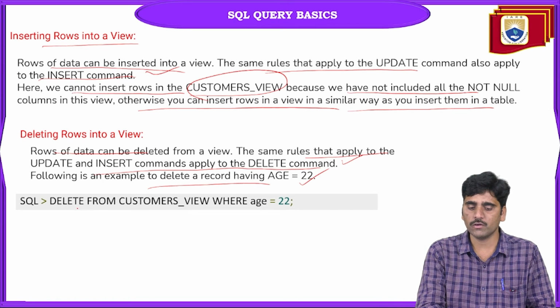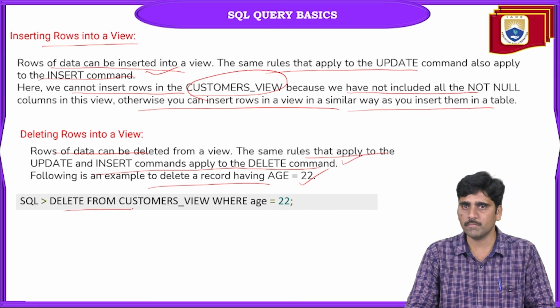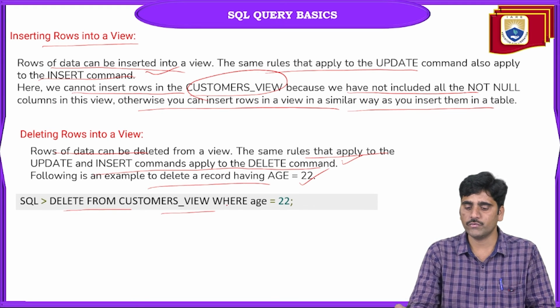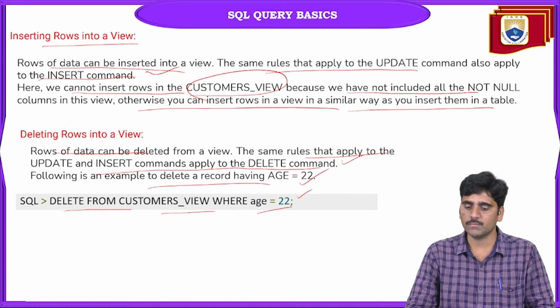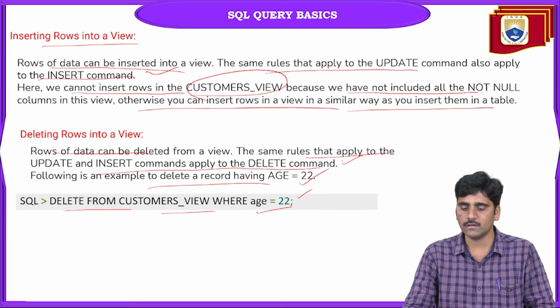So now I am going to delete from customers_view where age equals 22. That means it directly deletes the row where age equals 22. The row is going to be deleted here.